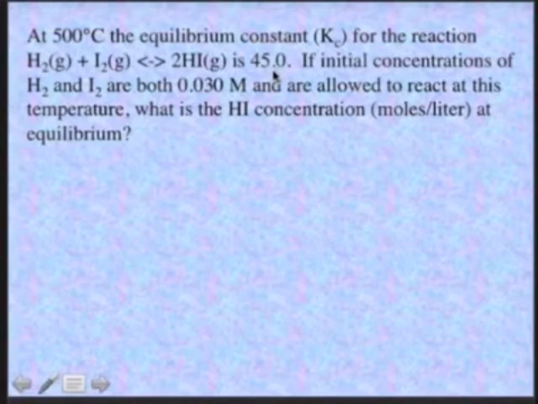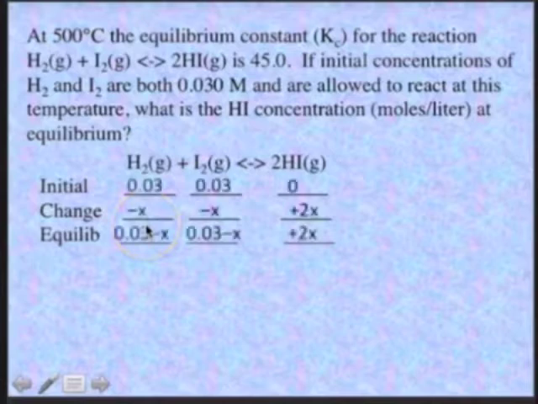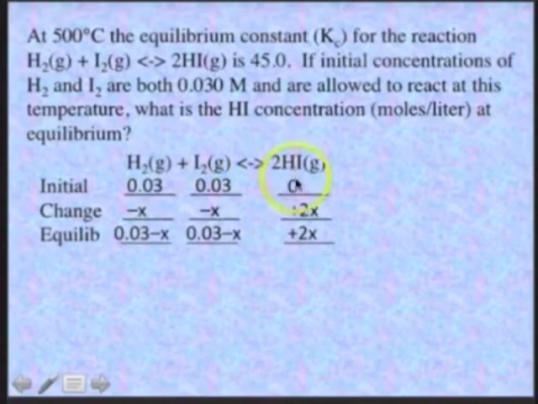K is 45. That's a big number, and usually you would not be able to use the approximation. Let me show you how. You set up your reaction and your ICE equation. You plug in your initial values, 0.03 for the hydrogen and the I2, and 0 for the HI.